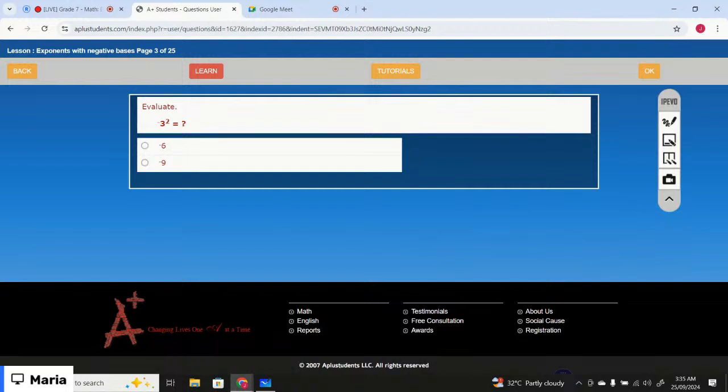Negative 3 square, which is the correct option? The correct option is negative 9. Option number 2 is the correct option.